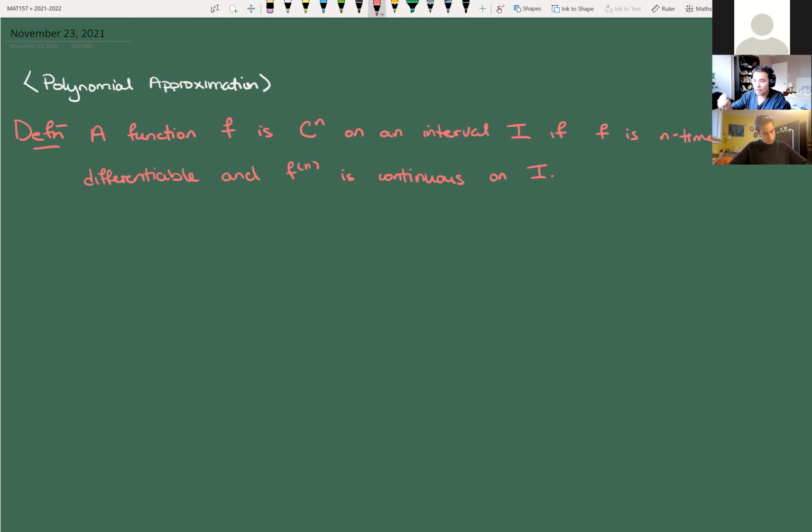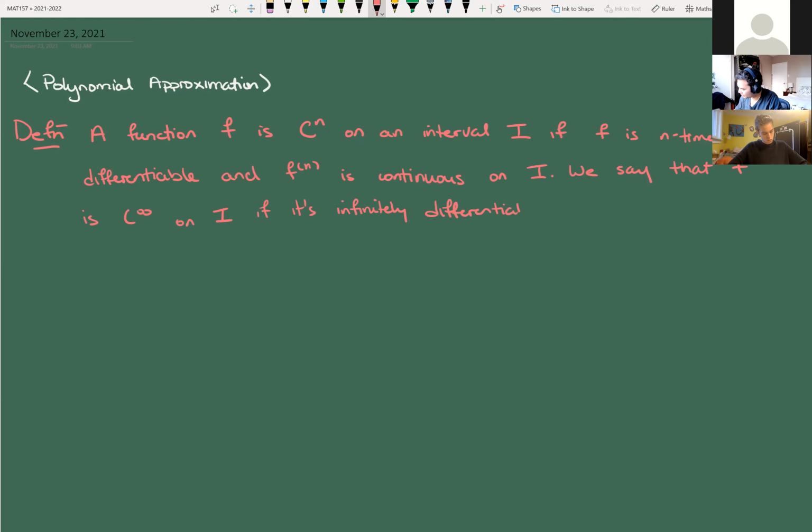And then one last thing is that we'll say that your function f is C infinity on I if it's infinitely differentiable, i.e., it's C^n for all n.